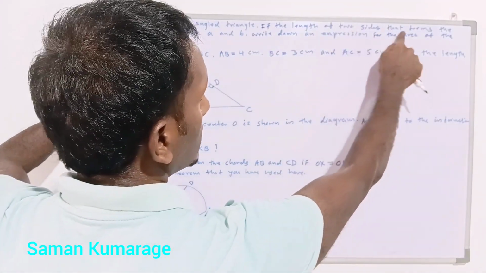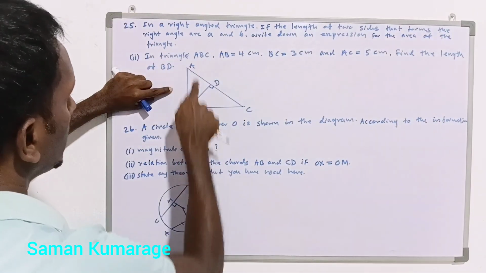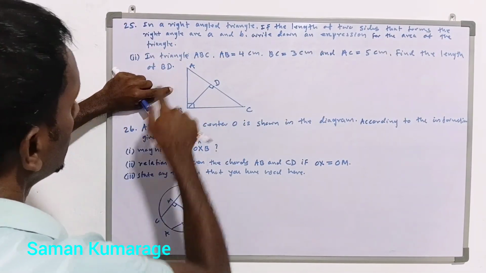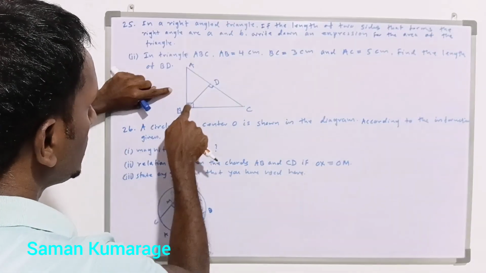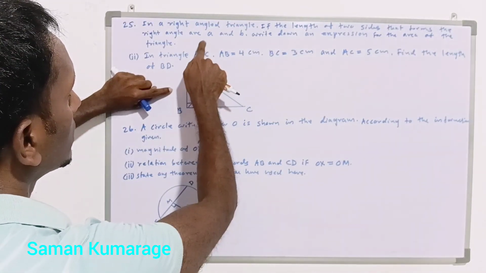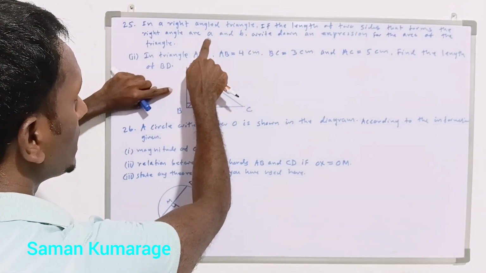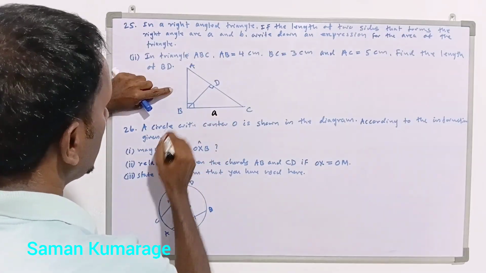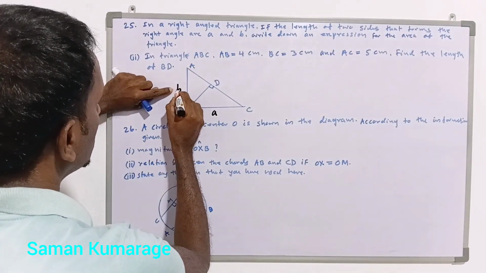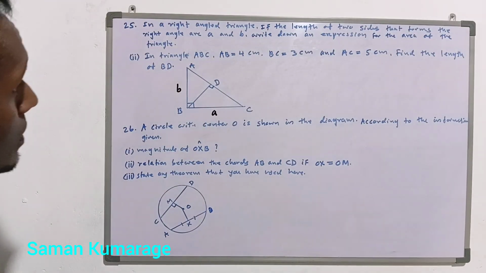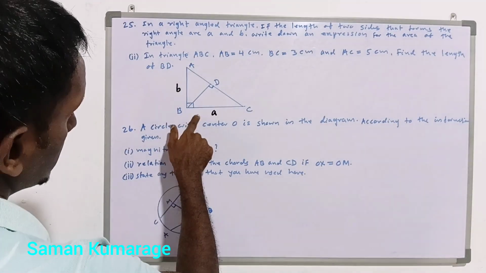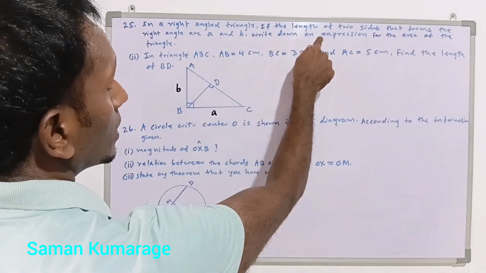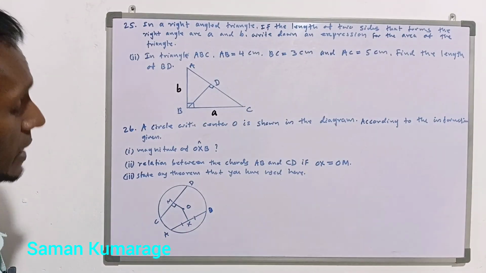The two sides that form the right angle, BC and AB, should be named A and B. So if the base is A, this should be B. Using this, we write an expression for the area.